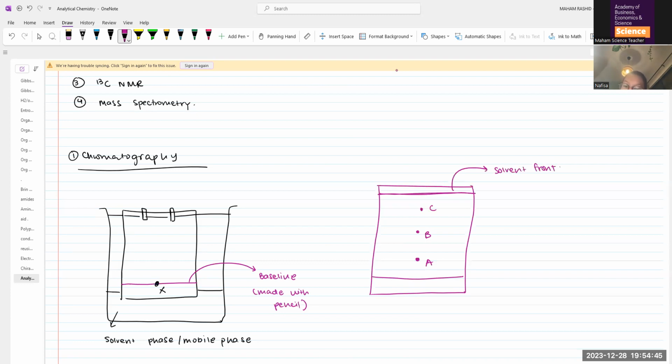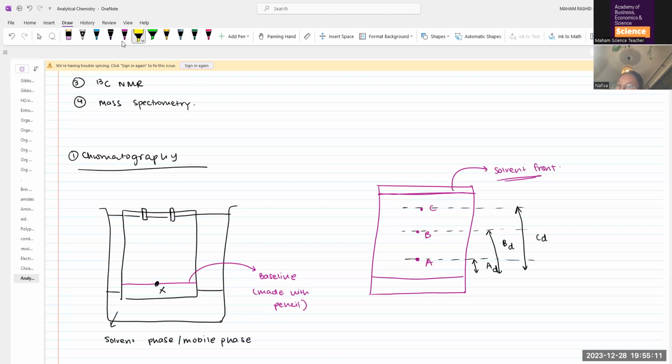Okay, this is your solvent front, and this will be the distance traveled by A.